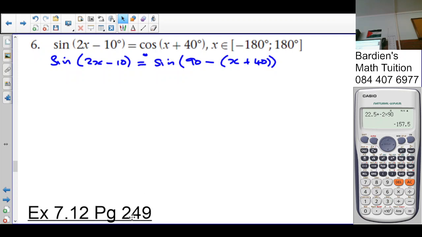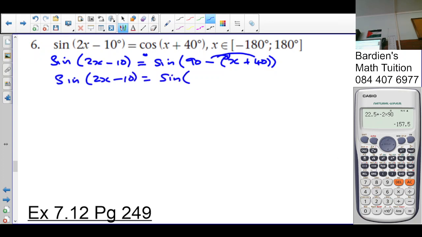Now what? Let's simplify inside the bracket. So it will be sine of 2x minus 10 is equal to sine of 90 minus x minus 14, which is 76 minus x. So what do I do now?